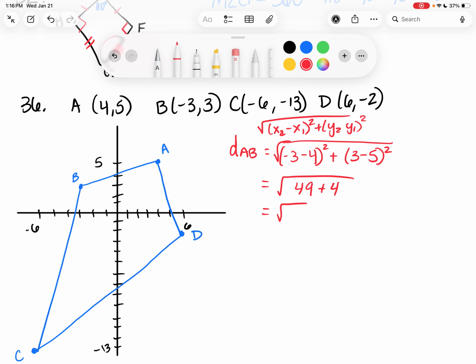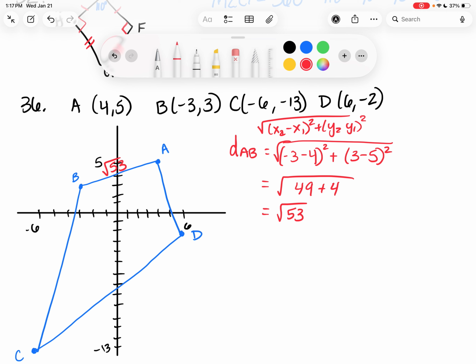So this is the square root of 53. I would just leave these as square roots because you're not actually solving for it. We're just seeing if they're congruent or not. So it looks like AD would be its partner.